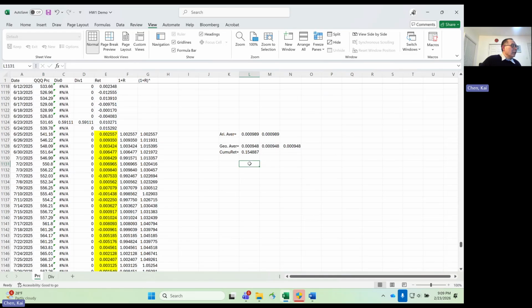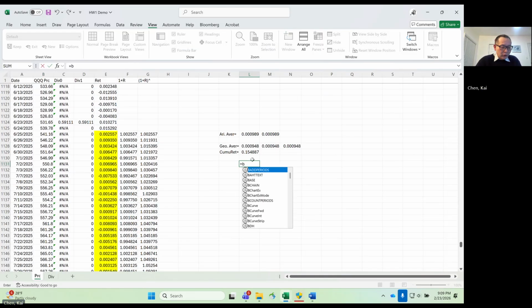I'm going to calculate here. B1277 minus the beginning price, minus the price here. This one, that is B1125, the close price on the day before June 25th.